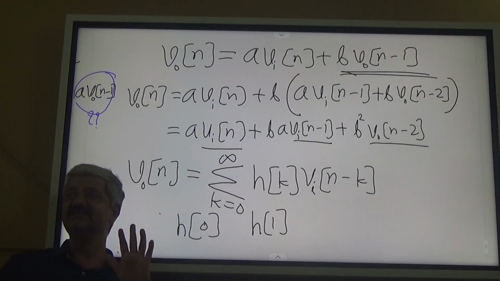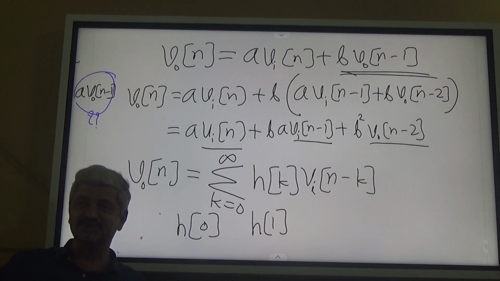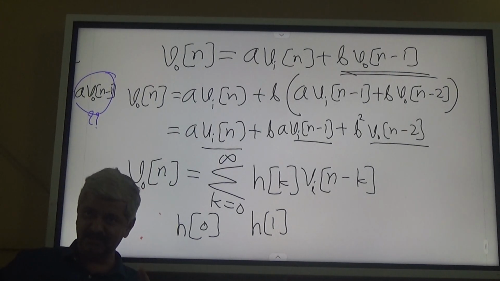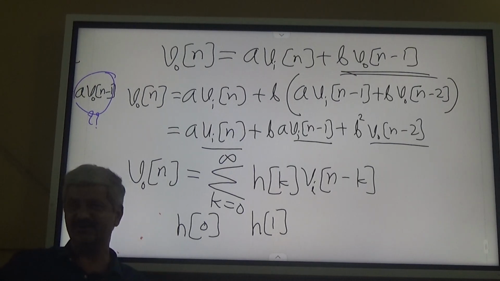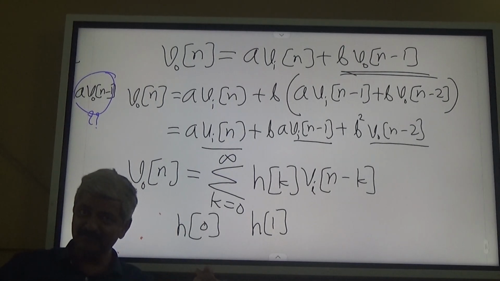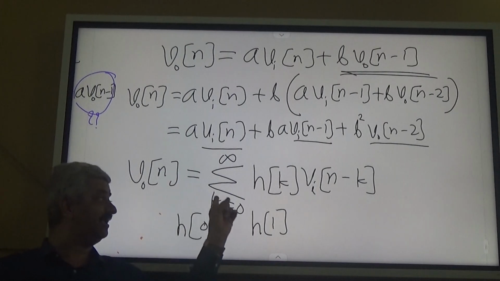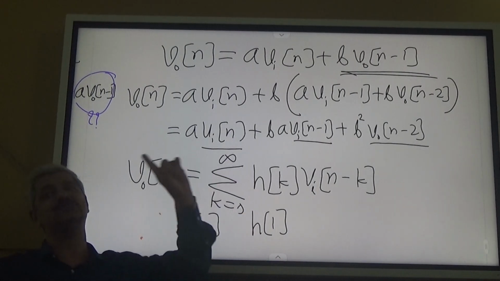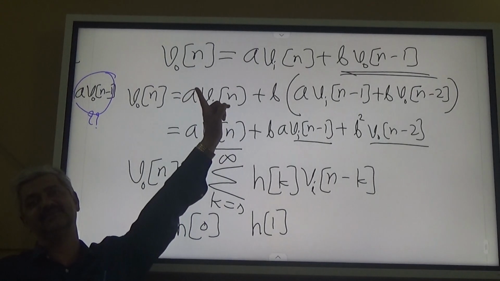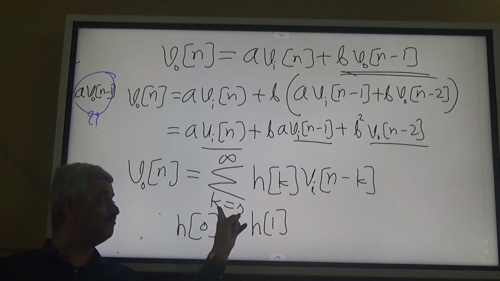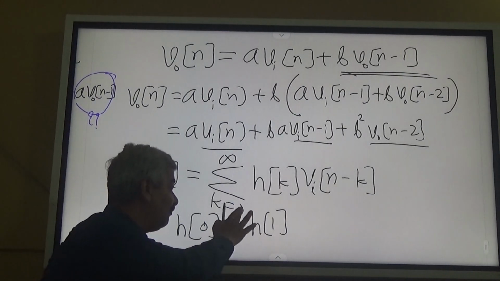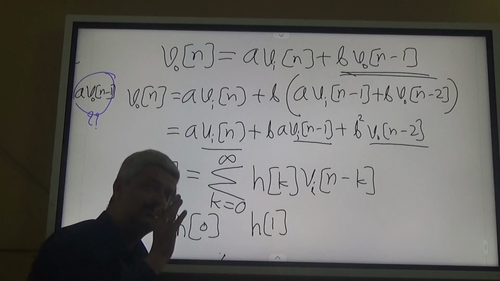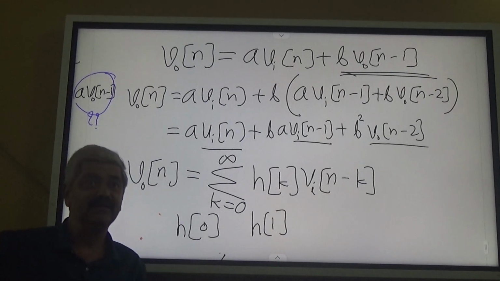HK is the weight with which the input sample which occurred K sampling instances ago is contributing in the current output. And K starts from 0 and goes back till infinity. K cannot go negative. Why can K not go negative? K is 0, 1, 2. K can't be minus 1.